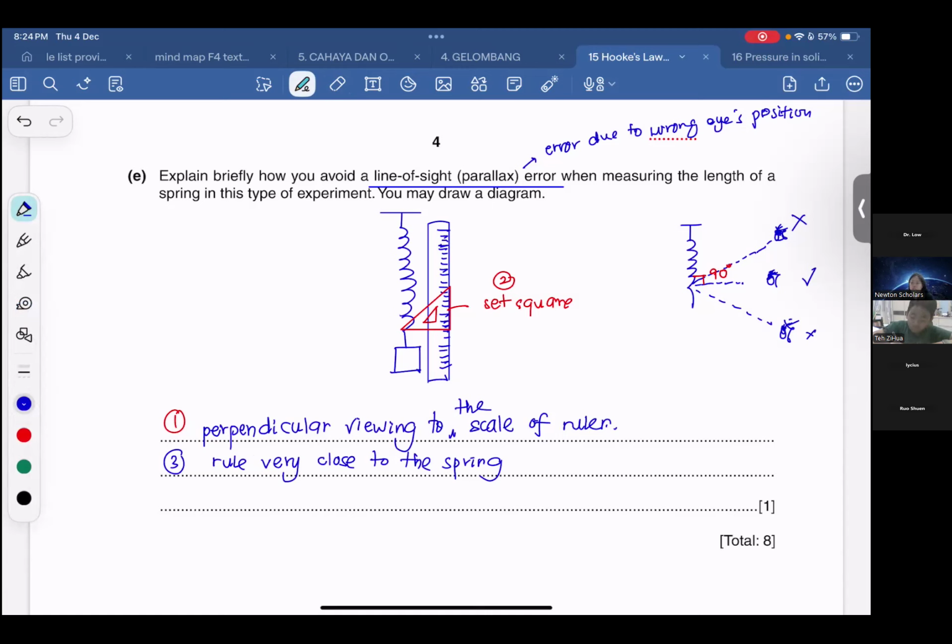Okay, so if let's say this kind of question, sometimes 1 mark, sometimes 2 marks. For 2 marks, among these 3 points. Okay, number 2, use a set square as a horizontal reference. Okay.